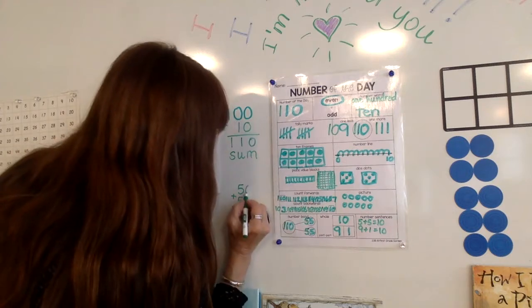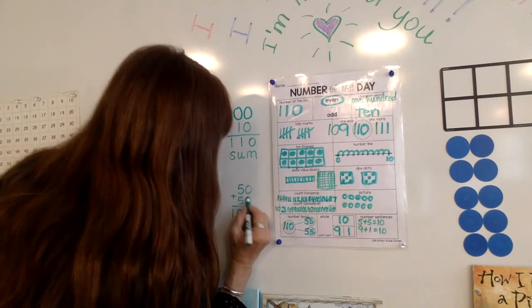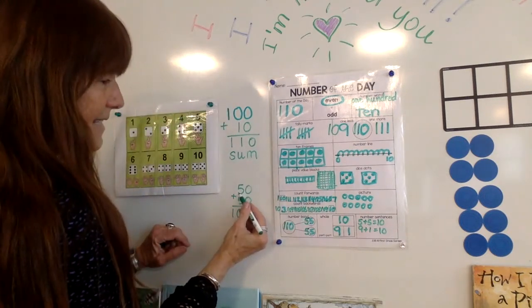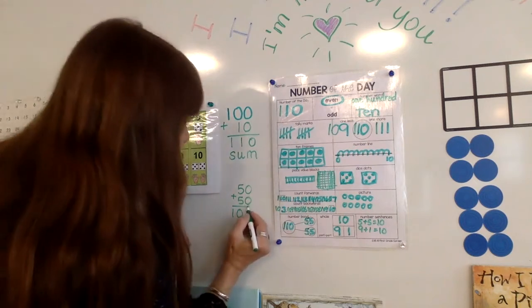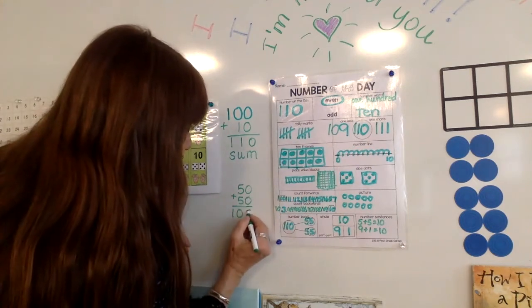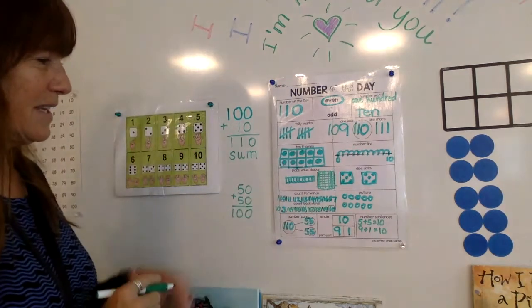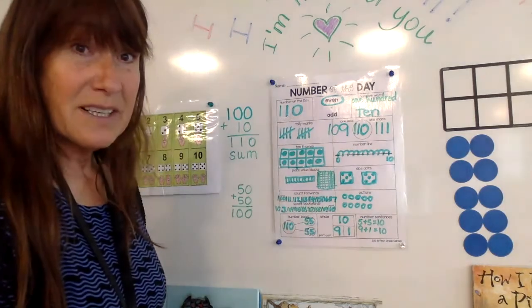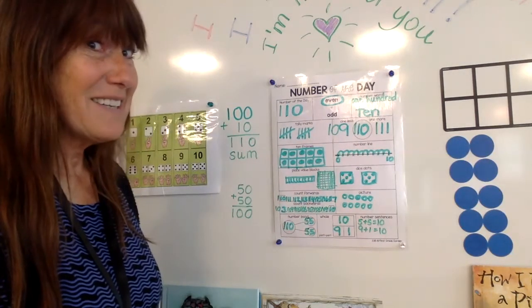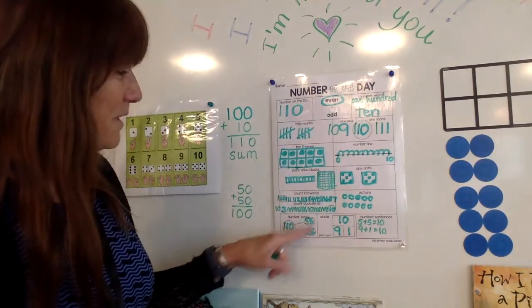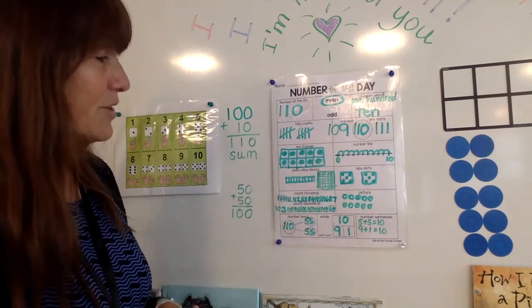If I add a 0, this makes 5 in the 10s place, 0 in the 1s place. So I'd have to add 0 plus 0. Gives me the sum of 100. That's pretty tricky, isn't it? So 55 plus 55 is 110.